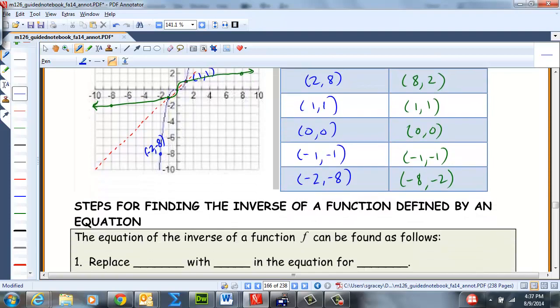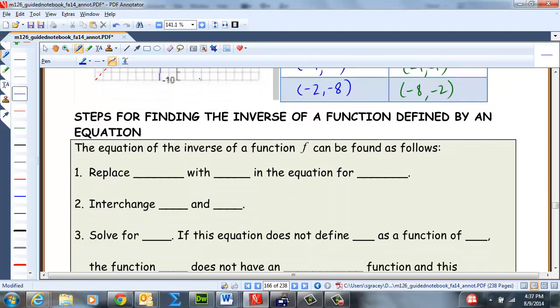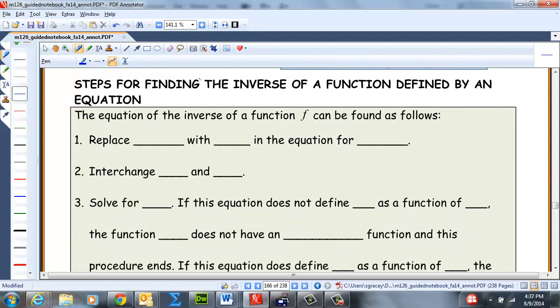Okay, so steps for finding the inverse of a function defined by an equation. Replace f of x with y in the equation for f. Interchange the x's and y's. Solve for y.